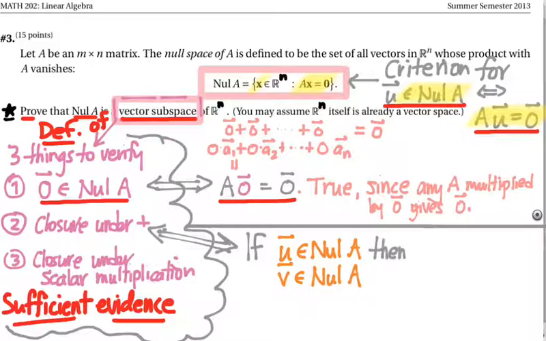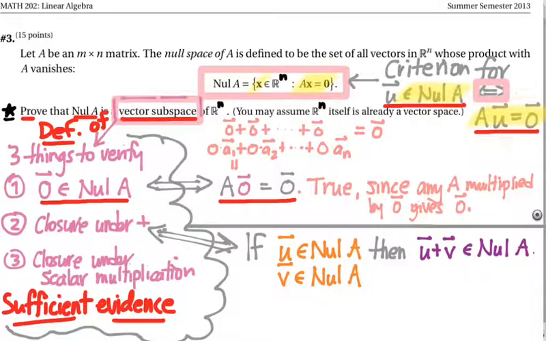So that's the antecedent. What's the consequent? What do we have to prove about that u and v? When added, they are also part of the null space. When added together, their sum also belongs to the null space of A. u plus v belongs to the null space of A. So actually here we have 3 different statements about membership in this set, membership in the null space of A. And so each one of those I'm going to translate.